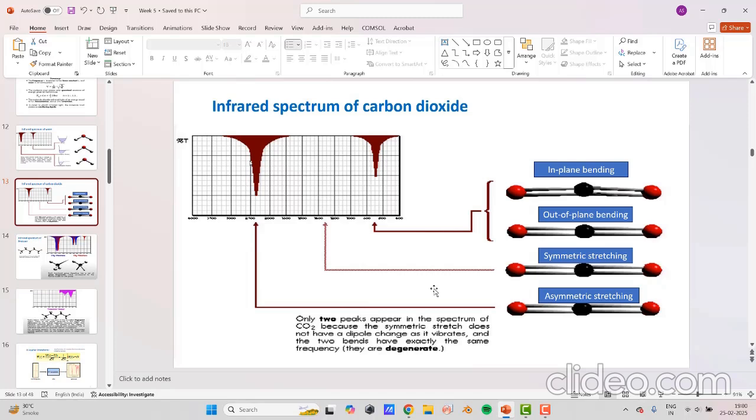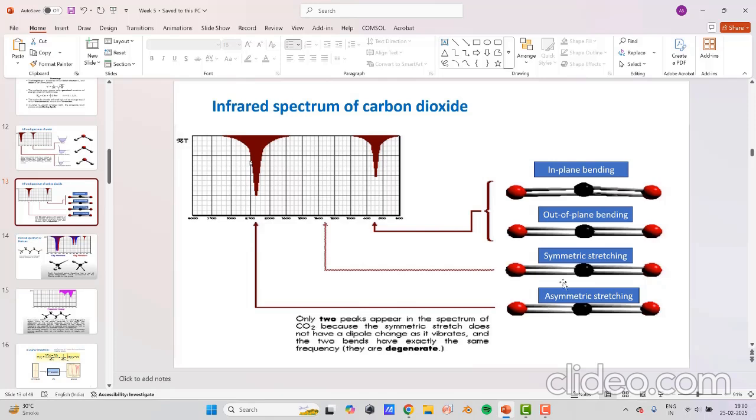So these are homonuclear because the dipole moment is not changing, as both are stretching in an equal amount. It's a CO2 molecule, no?